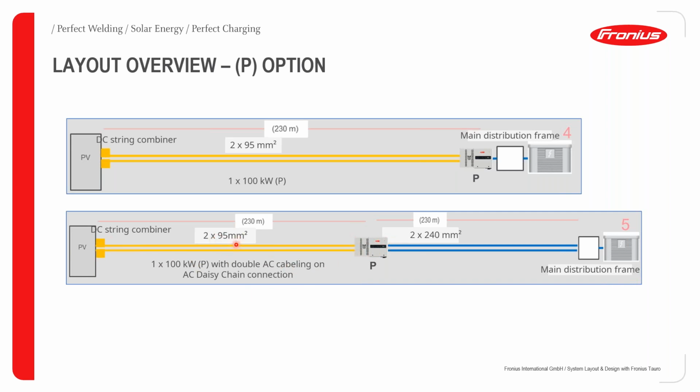Okay, so I have 2 by 95 millimeters squared cabling. Obviously, one for your positive, one for your negative. That goes to your Tauro, okay? And now with this Tauro, I've ordered an AC-DC chain option. Okay, so here I can have 2 outputs on the AC side, so 2 separate AC cables, okay, to cut down on AC losses to the main distribution frame.